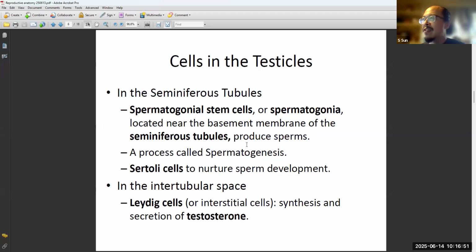That's sperm related, and the process is called spermatogenesis. You also have the supporting cell called Sertoli. It's very easy to remember the terminology: support, Sertoli. Between the tubules, you have the Leydig cells. Their function is to produce testosterone. So which cells in the testes produce testosterone? That's Leydig cells.